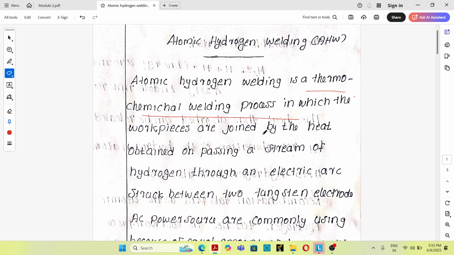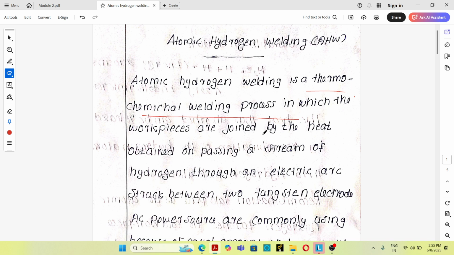So initially we are using non-consumable tungsten electrodes. An electric arc will be created between the tungsten electrodes. But the energy from the electric arc is not used directly for welding. It is absorbed by the hydrogen gas supplied near the welding area. By absorbing this energy, hydrogen molecules are converted into hydrogen ions, H plus and H minus. That is an endothermic reaction.